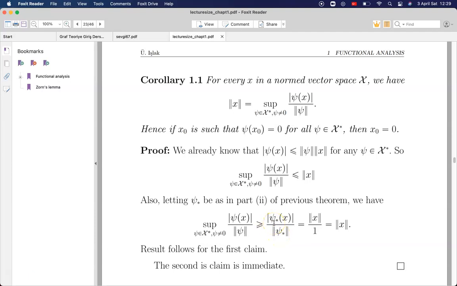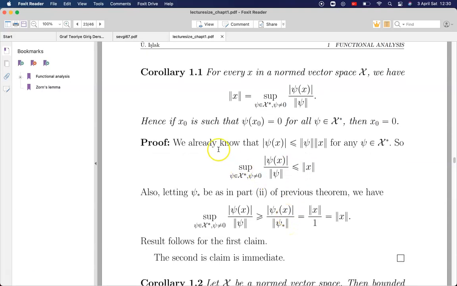This is just a specific guy, and in that construction this had length norm of x, and so this turns out to be equal to the norm of x. So the result follows for the first claim. So if you combine these two, then it's okay.